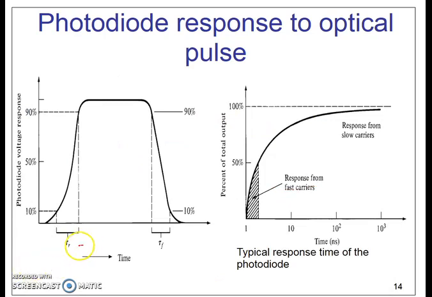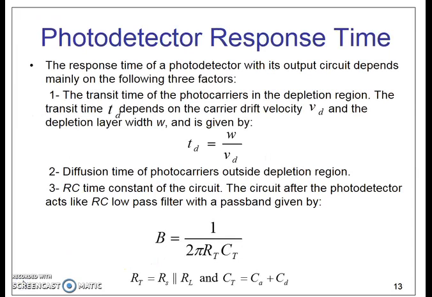Okay, the other important parameter of a photodiode is the response time. You still remember this? Fall time and rise time. A photodetector response time is important because it defines the bandwidth of the receiver, where we have B equals to 1 over 2 pi RT times CT. There are three factors that define the response time.